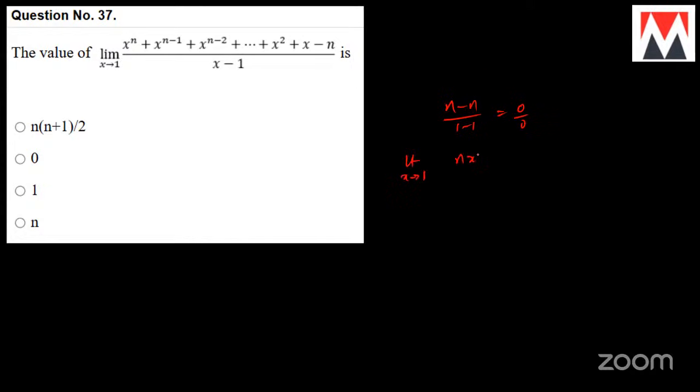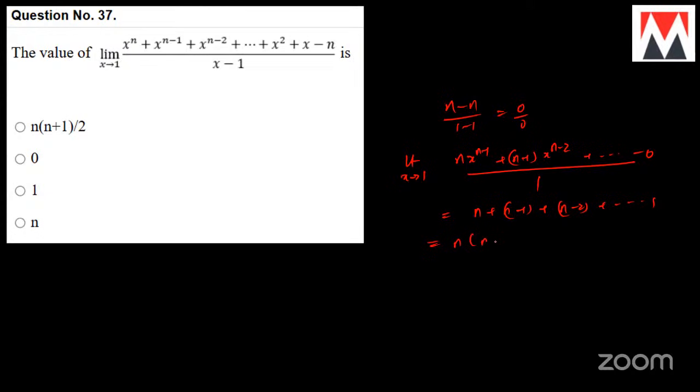So you get n into x power n minus 1 plus (n minus 1) into x power n minus 2 plus so on, by 1. If you put 1 here, you get n plus n minus 1 plus n minus 2 plus so on till 1. So you get n into (n plus 1) by 2. That is nothing but 1 plus 2 plus 3 plus so on till n. So the answer is A.